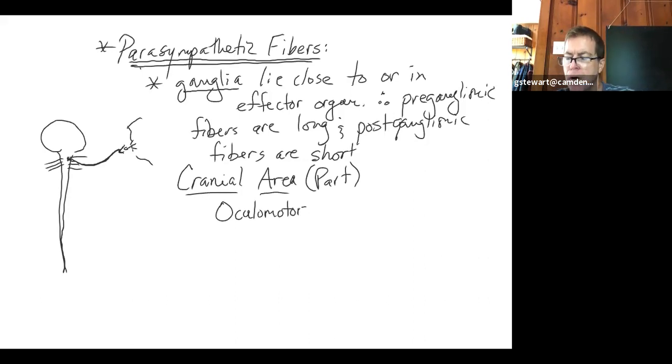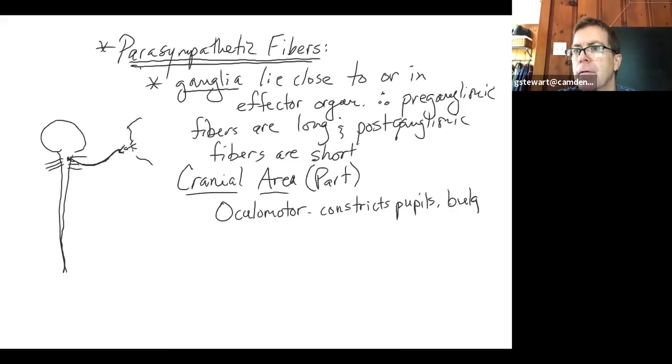The oculomotor nerve, what it does is it constricts pupils and bulges our lenses for focusing on things that are close to us, like reading a book.